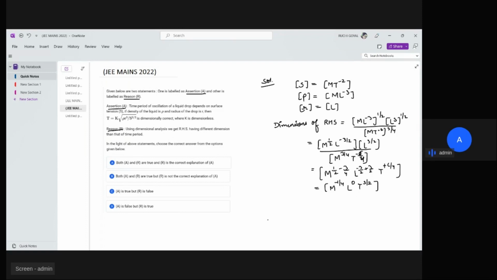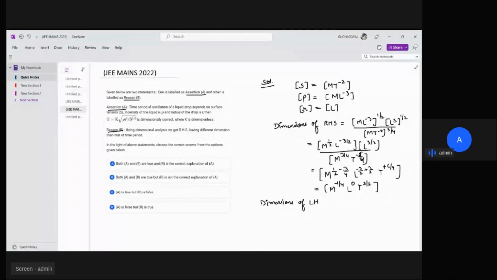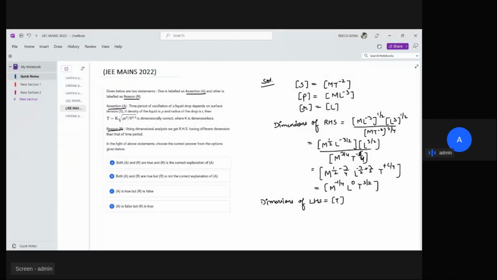Okay, and we have the dimensions of left hand side as time period. So what is the dimensions of left hand side? Only time period is there, so only T is there. So they both are not equal, because the dimensions of left hand side is this and right hand side is this.